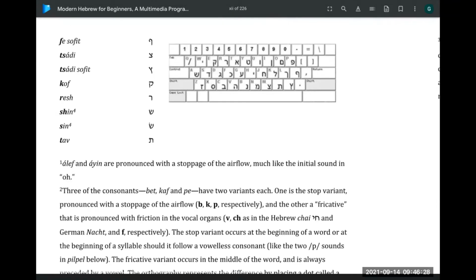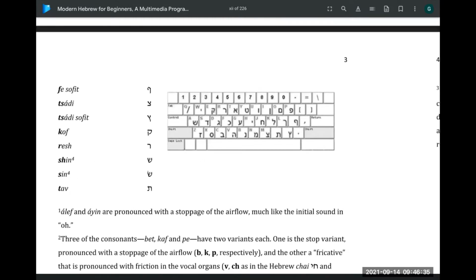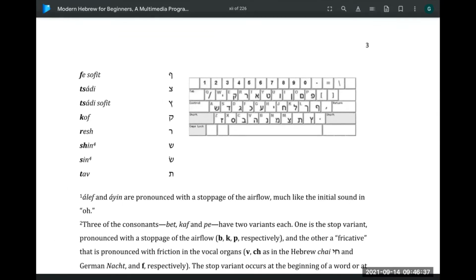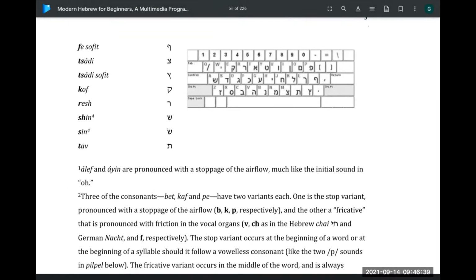Okay, so here are some of these letters. So Fe sofit, we have this here. Tsadi, Tsadi sofit, Kof, Resh, Shin and Sin, Tav and Tav.